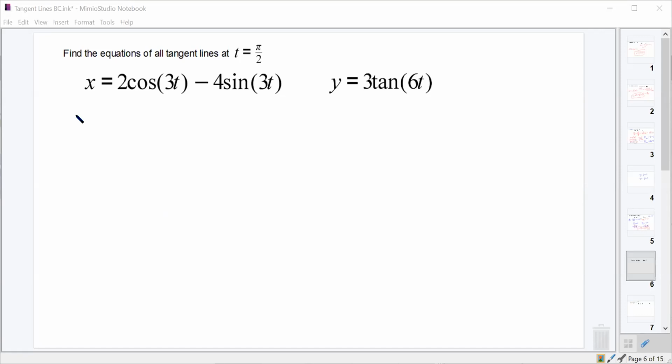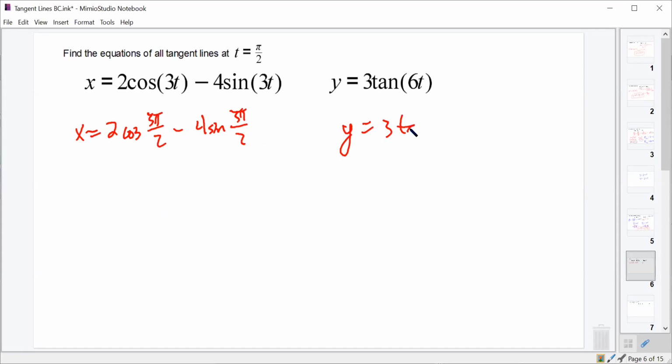If t is pi over 2, what does x equal? Should be 2 cosine 3 pi over 2 minus 4 sine 3 pi over 2. And y should equal 3 tangent of 6 pi over 2, or 3 tangent of 3 pi. So let's see. What's the cosine of 3 pi over 2? Yep, should be 0.